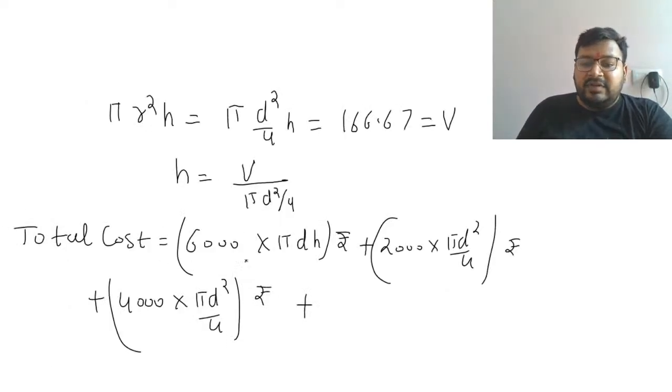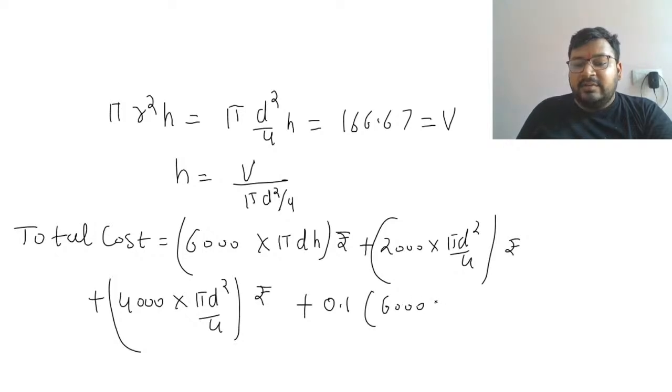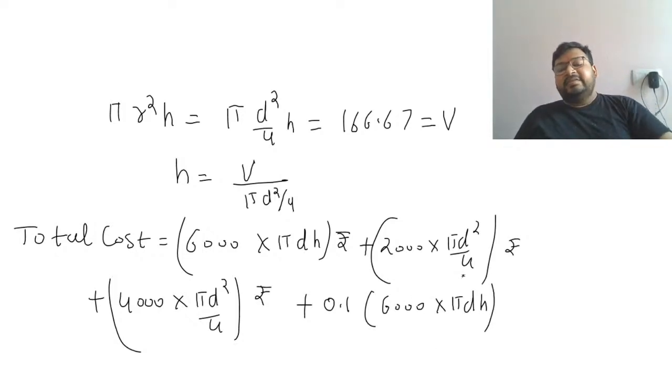So 0.1 of 6000 into pi d h. So guys, that is the total cost function.